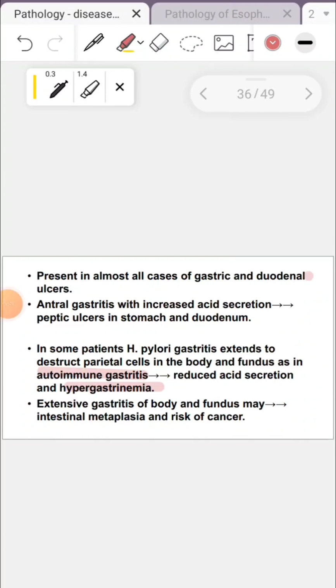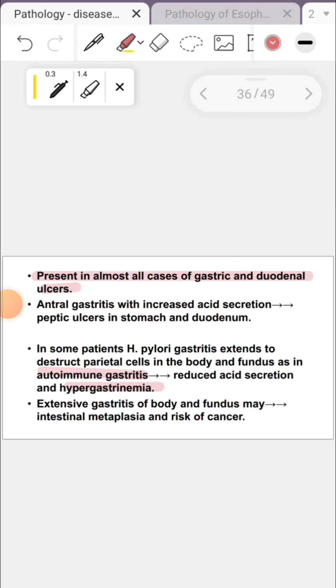So in the advanced stage it starts in the antrum and then extends to the body and fundus, as in autoimmune gastritis, to reduce acid secretion, resulting in reduced acid secretion and hypergastrinemia. It damages what? The acid producing mucosa in the body and fundus.